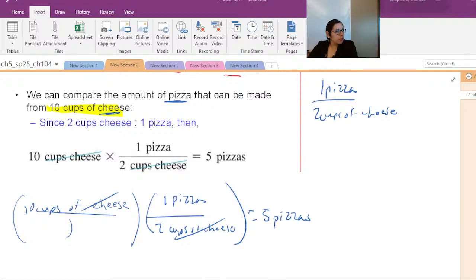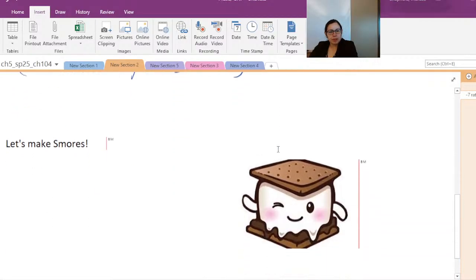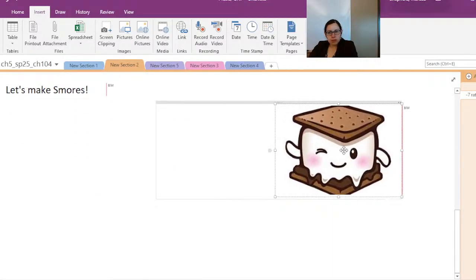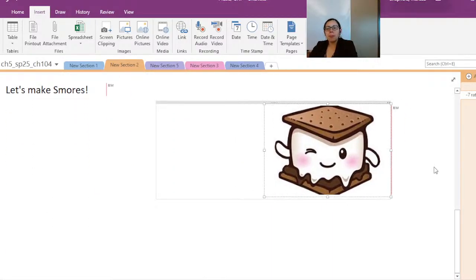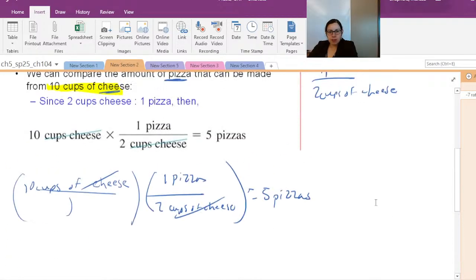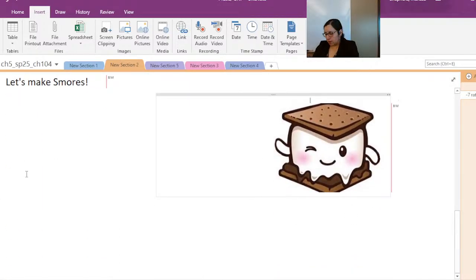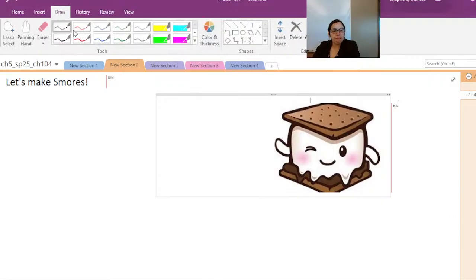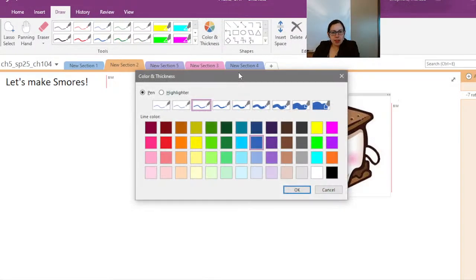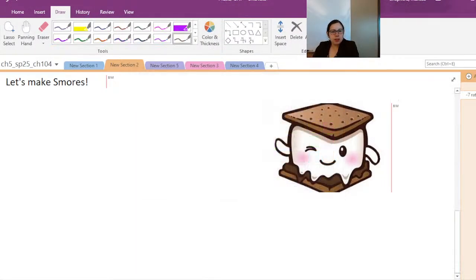All right, so now let's repeat that, but now we want to do it with s'mores. And so let's just start off with our balanced equation. And so I was saying we probably need 2 graham crackers.